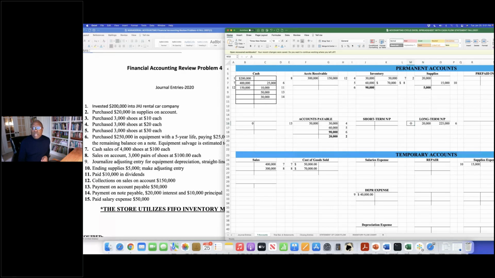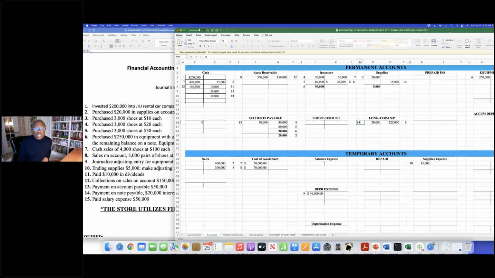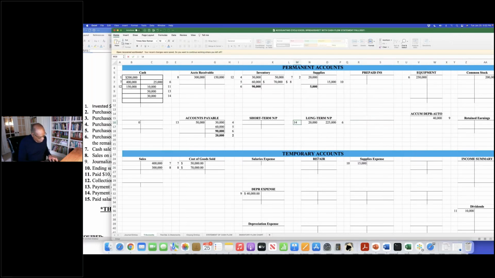We also are going to debit interest expense. The interest expense was 10,000. Number 14.